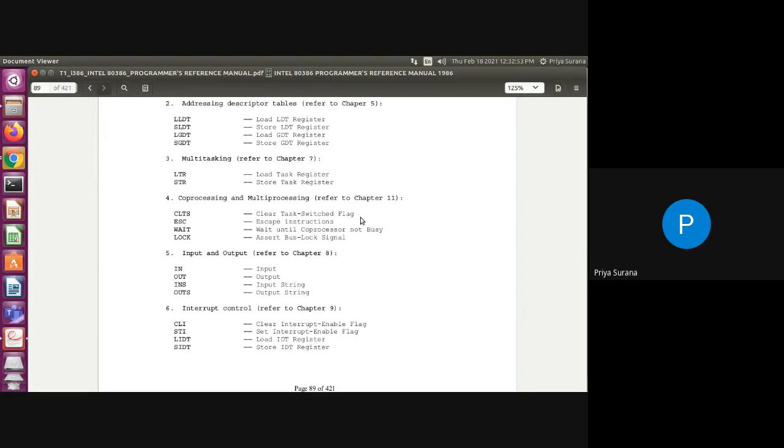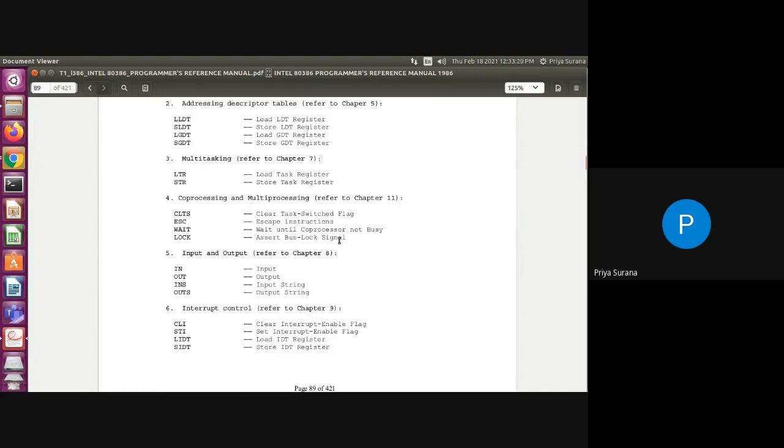Next instruction given is ESC, that is escape. WAIT, instruction required to wait until the coprocessor is not busy. LOCK, assert bus lock signal. Buses can be locked if the control of buses is given to the coprocessor. At that time those buses can be locked.